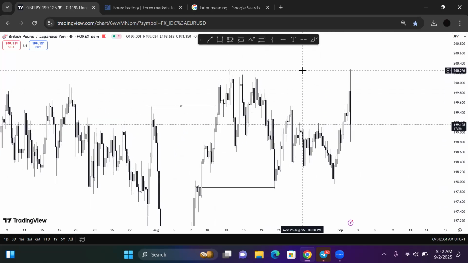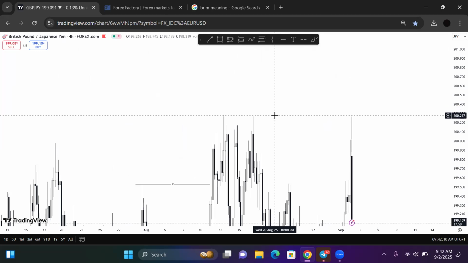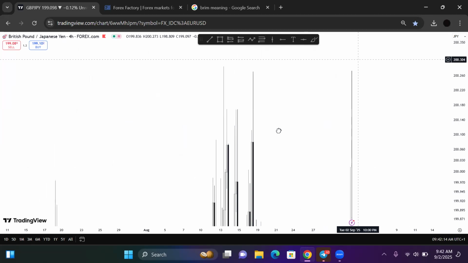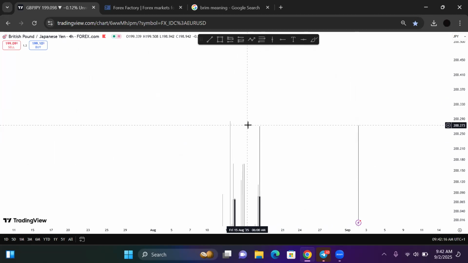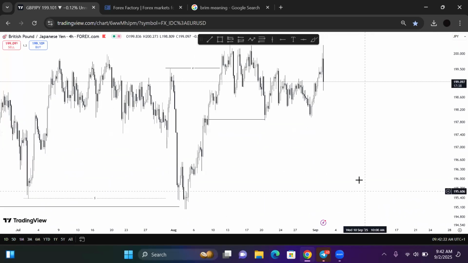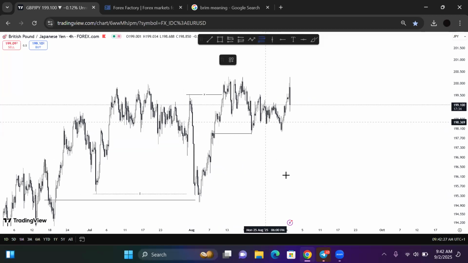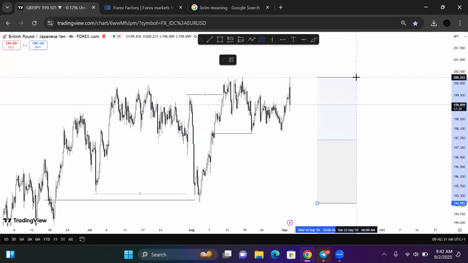Did he even sweep this high? Okay, he didn't really sweep it. So look at this now. We have this break of structure, and then this is my range. My range is from this low to this high.